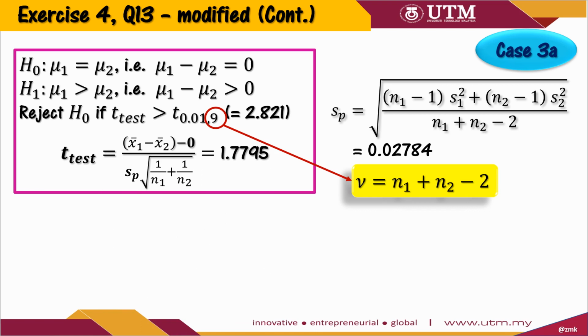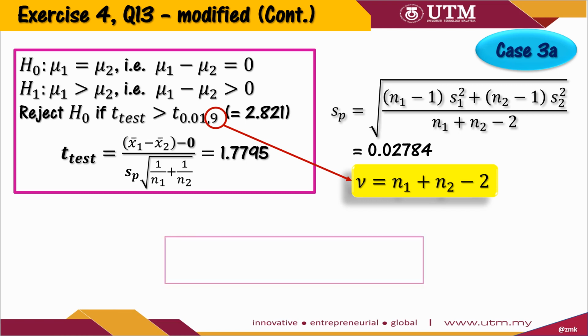Again, please notice that the value of mu1 minus mu2 under H0 is 0. By substituting all required values in the t-test formula, you may want to check if the t-test value is 1.7795.